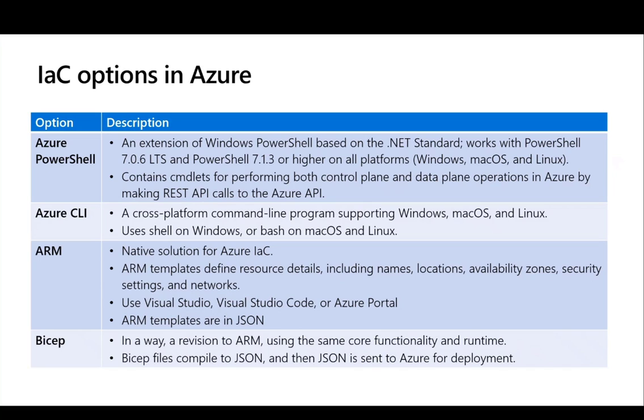Behind the scenes, when you compile Bicep code or files, it compiles into JSON files, and then it is sent to Azure for deployment. It just provides a much better experience, because Bicep code is very small compared to a JSON file, and it's easy to understand. But behind the scenes, it gives you the same experience.